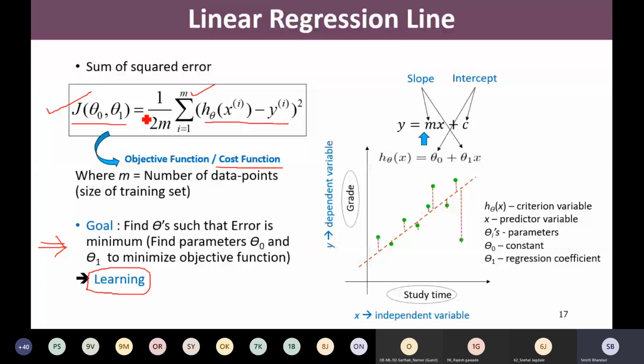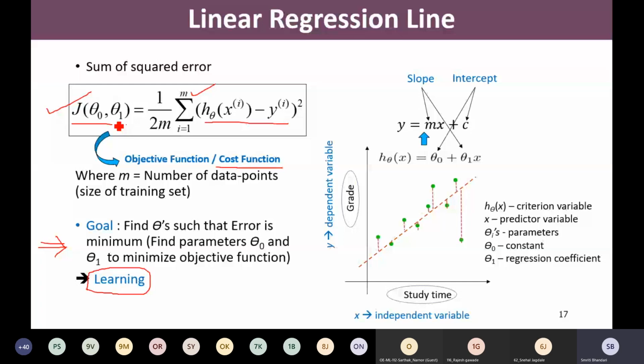So we want to come up with optimal theta 0, theta 1 in our case, by making use of this objective function. So ultimately our problem is reduced to an optimization problem.